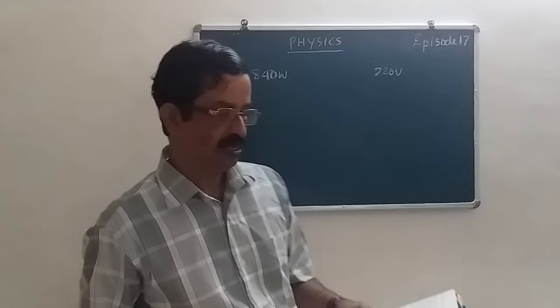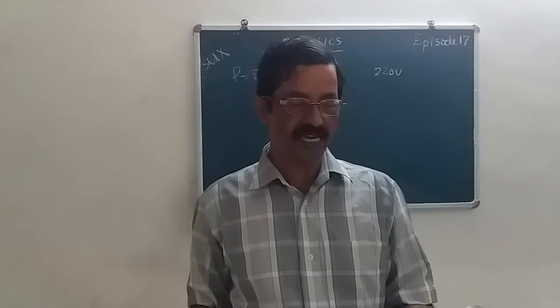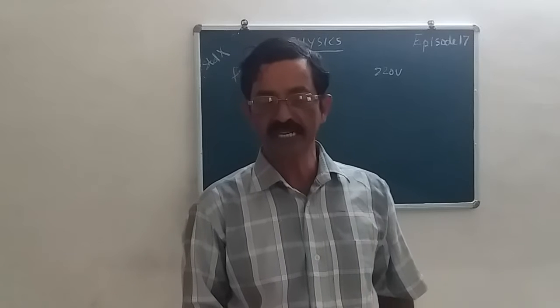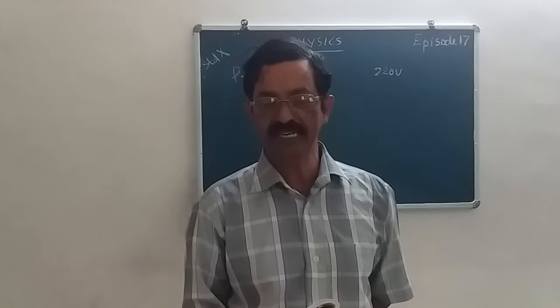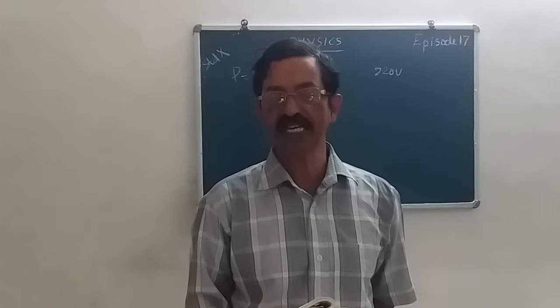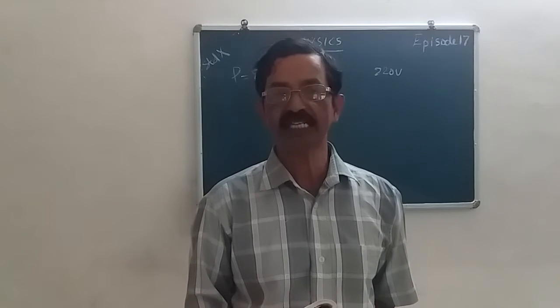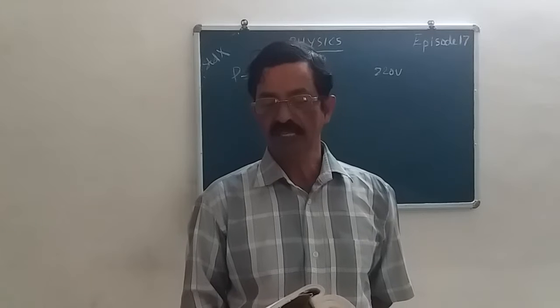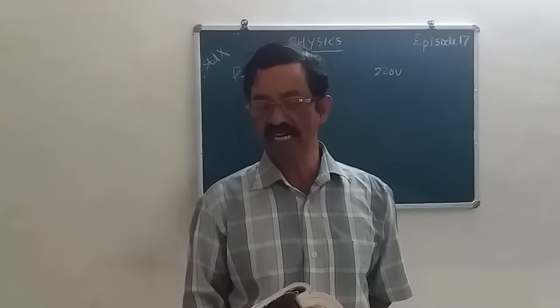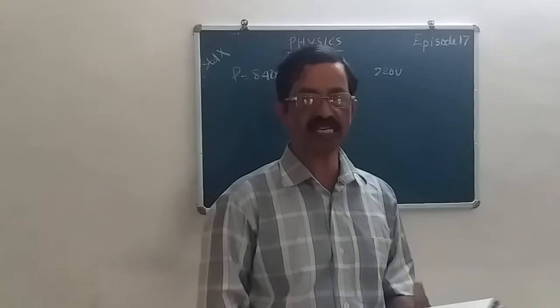See, an electric iron consumes energy at the rate of 840 watt when heating is at the maximum rate and 360 watt when the heating is at the minimum. The voltage is 220. What is the current and the resistance in each case?